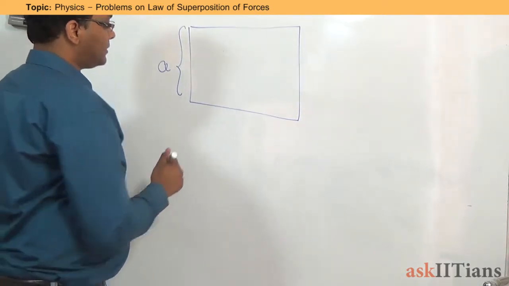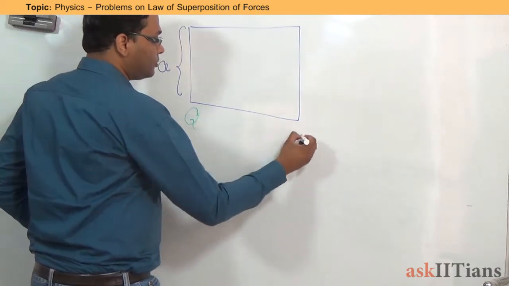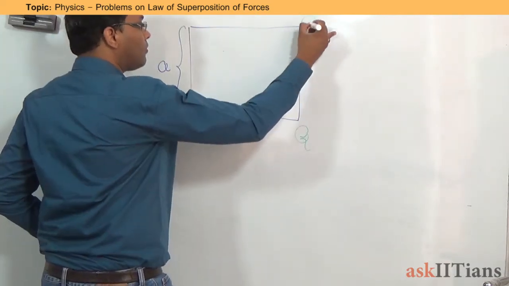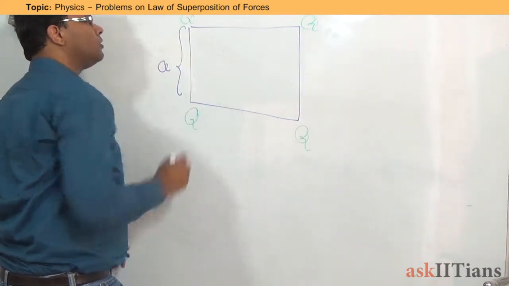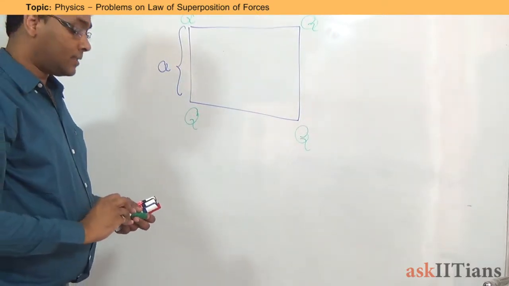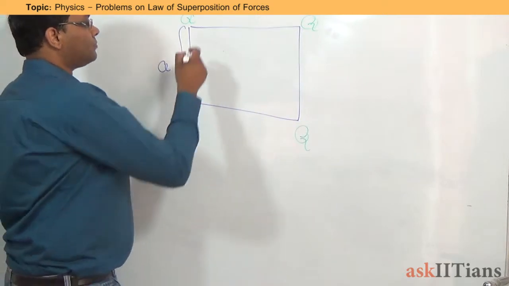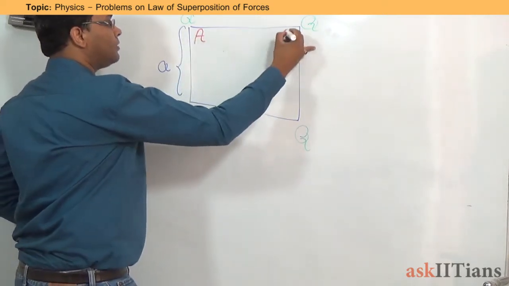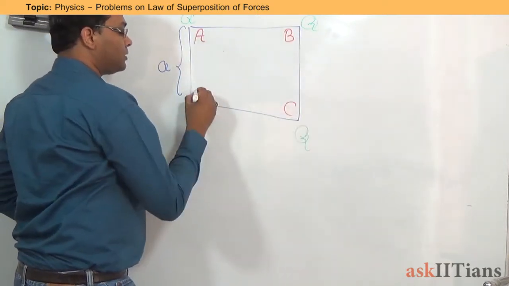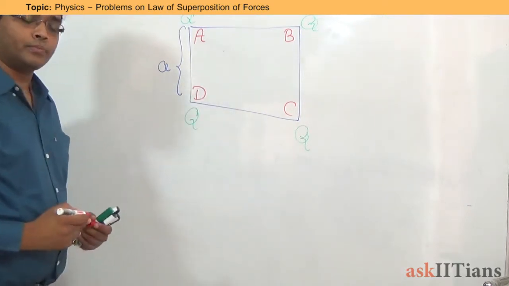So let's say the charges are Q, Q, Q, Q. All the charges are exactly the same. Let me name them. This is A, B, C, D, right?